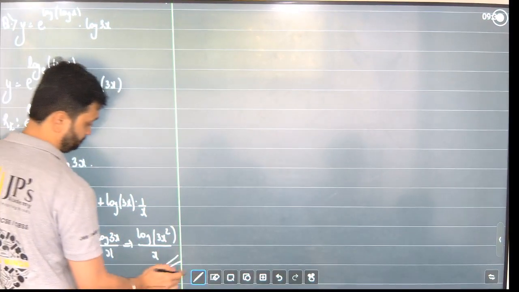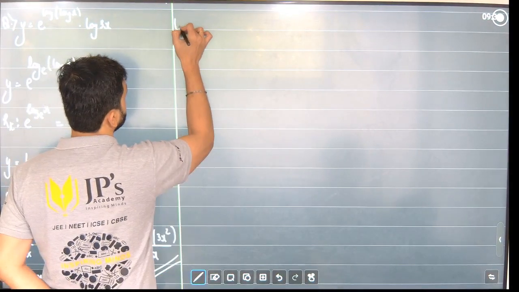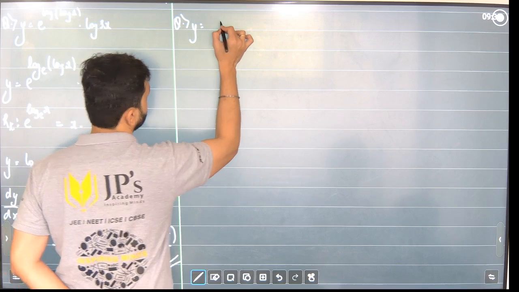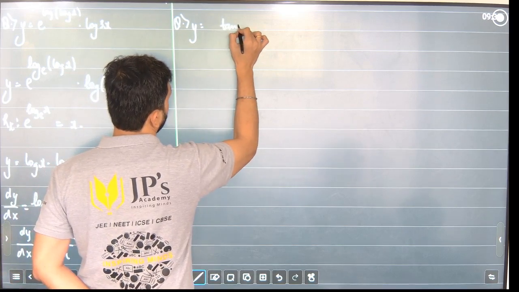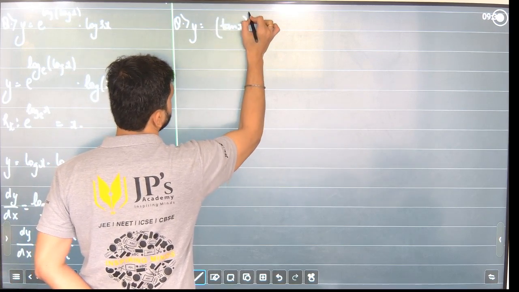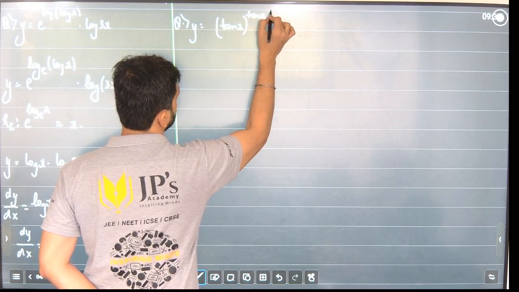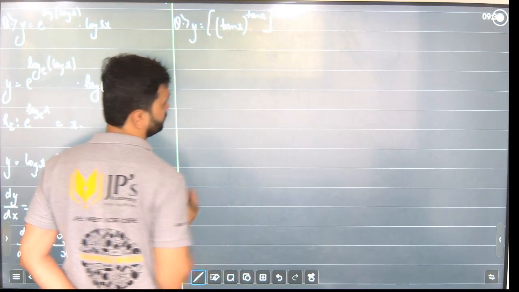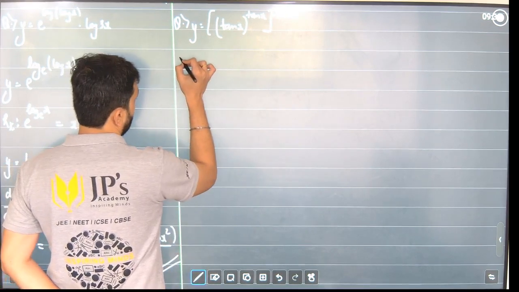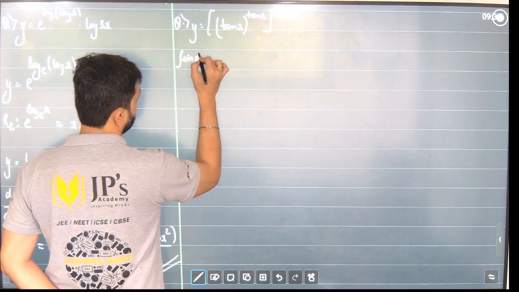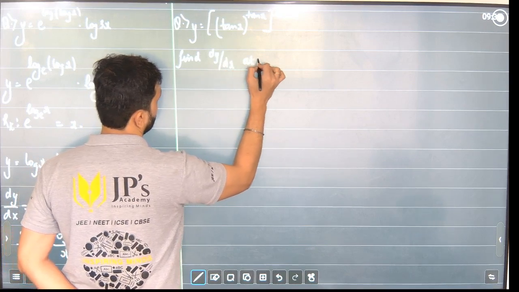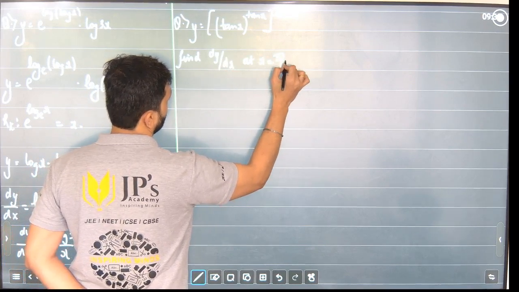Okay. Now the question is this: y is equal to tan x, find dy by dx at x is equal to pi by 4.